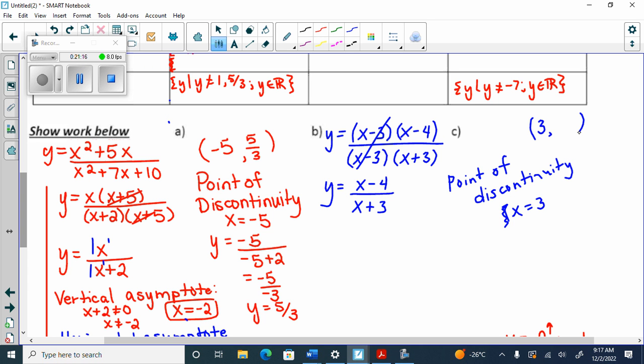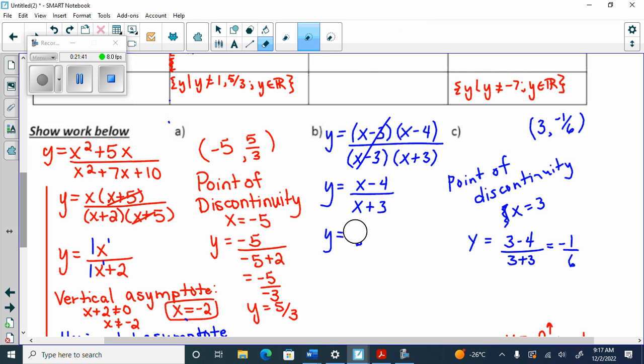Yes. So then we have to find our y. We go 3 minus 4 over 3 plus 3, and we get negative 1 over 6. So we're going to get y equals negative 1 over 6. Okay, what are my asymptotes? Vertical asymptote? What's it at?